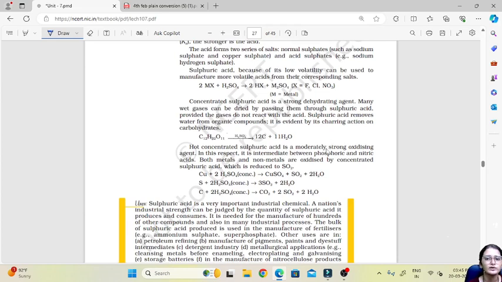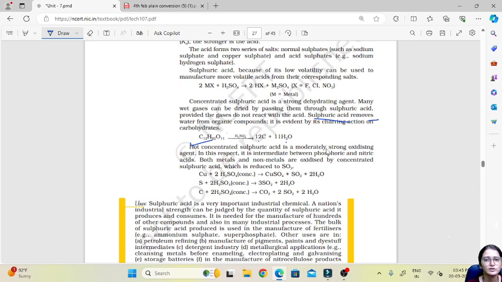This is one of the important reactions of sulfuric acid, that sulfuric acid removes water from organic compounds, its charring action on carbohydrates. So sulfuric acid can be reacted with glucose to give carbon and water.